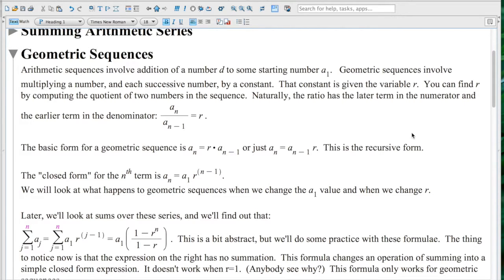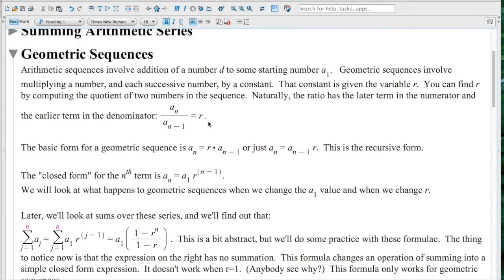This ratio is going to have the later term, usually, well, if the sequence is increasing, it's going to be the greater term in the numerator, and the prior term in the denominator. In fact, it's the opposite if the sequence is decreasing. Well, it's still the later number in the sequence that's in the numerator, and you'll understand this better in a minute.